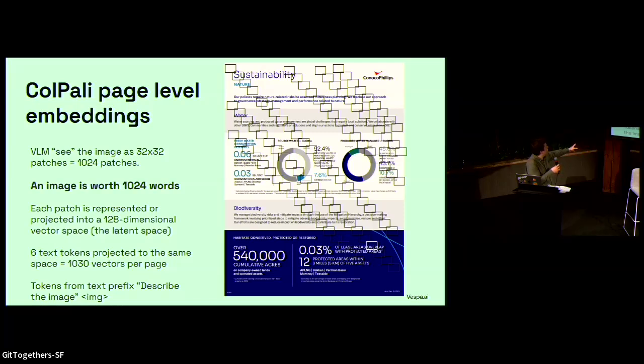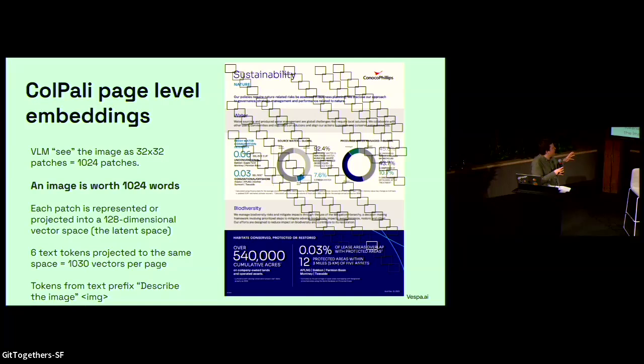So for one image, you end up producing 1,024 embeddings. Luckily, they're not huge embeddings. They're 128 dimensions. And you don't need them to be huge because you're not representing the whole image. You're just representing a small patch of it.